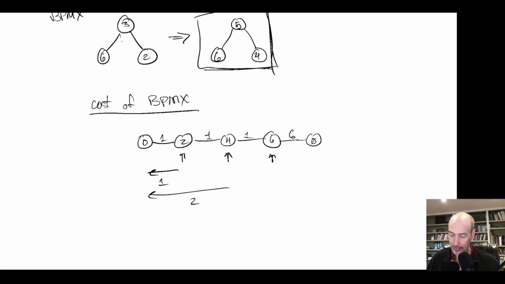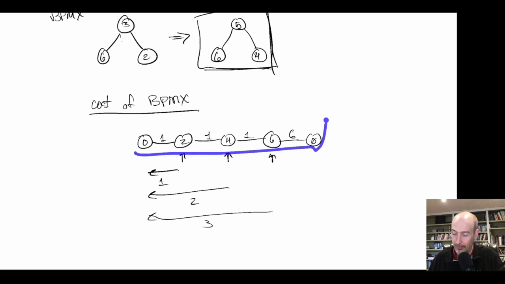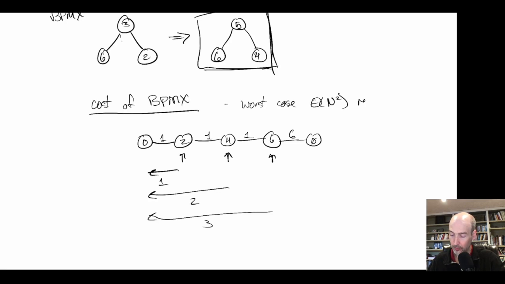So I can propagate it back through 3 states. And then at this point, I'm done. But in general, I could create a line of states like this, where if I were to propagate my heuristic values all the way back through these states, I would actually do n squared propagations. So this is worst case. We can be precise: theta of n squared re-expansions.